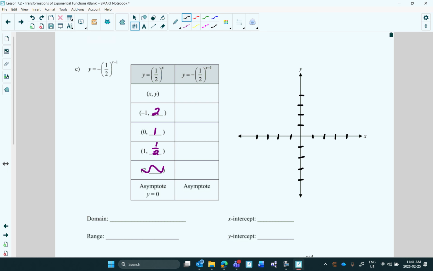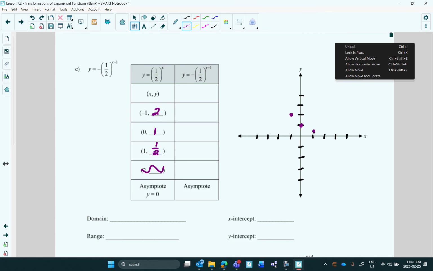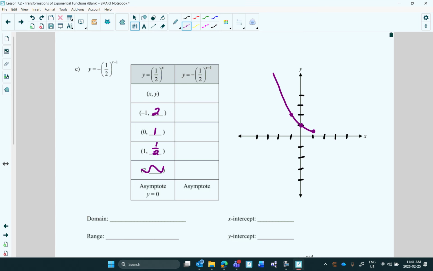So we've got -1, 2, 0, 1, 1, 1/2. We see that it goes up to the left, but goes along the x-axis to the right. So that's y equals (1/2) to the x, pardon me.